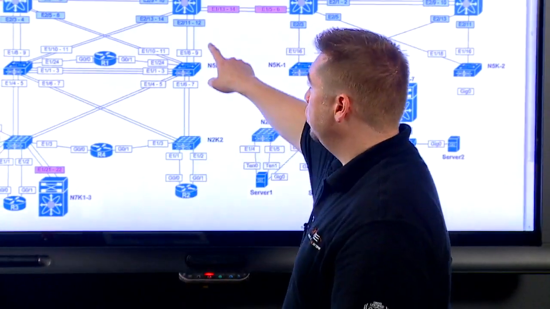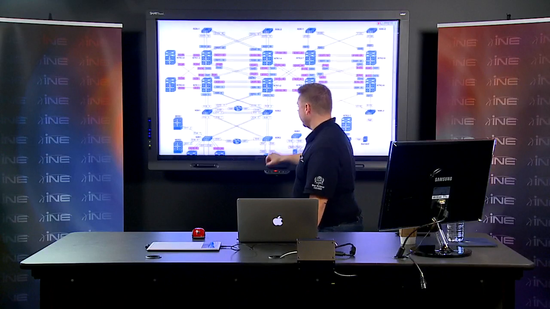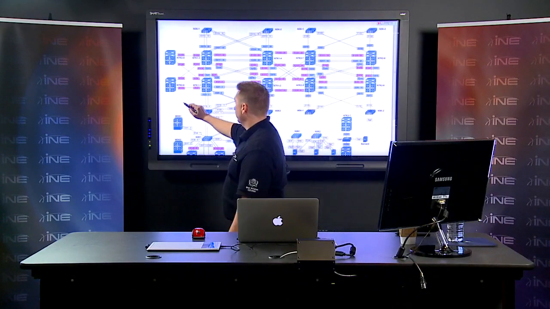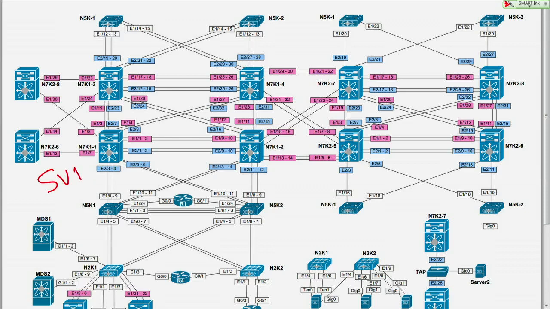If we look at our physical diagram here, we have the two 7Ks that we're basically going to be using as our layer 3 gateways. So we're going to have some switch virtual interfaces on here. Let's say that we have VLAN 10 and VLAN 20. Across our layer 2 peer link, we're including these particular VLANs in the allowed list, because these VLANs are then going to be used on our VPC member ports.